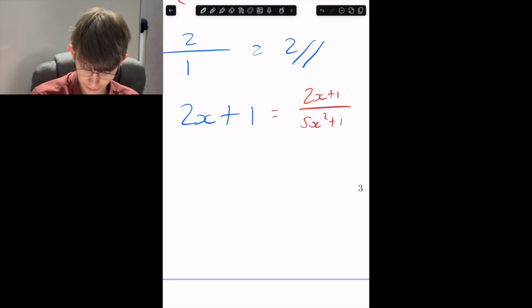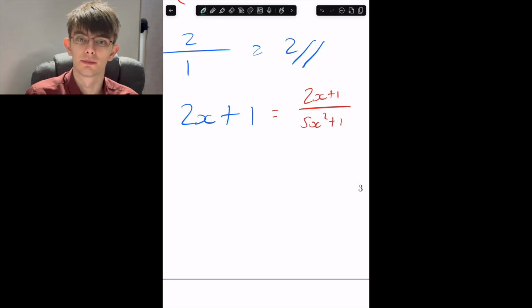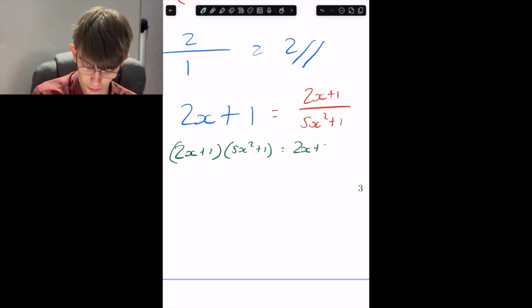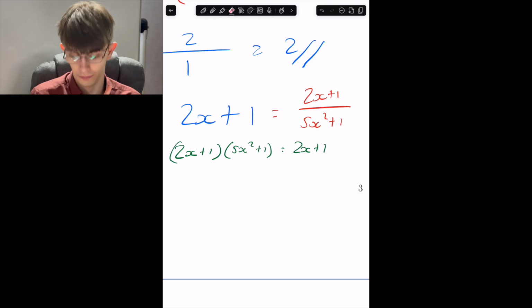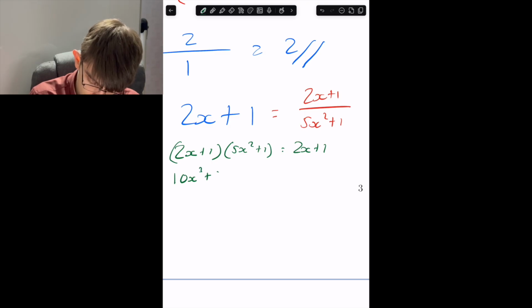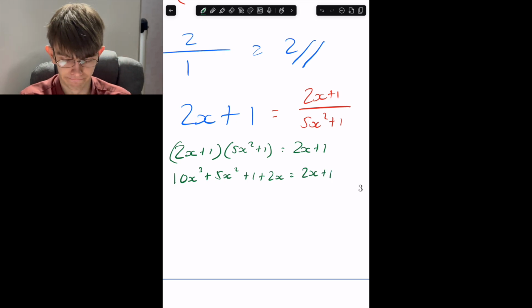Let's see what happens if I just multiply both sides by 5x squared plus 1. So (2x plus 1) times (5x squared plus 1) equals 2x plus 1. Ooh, just cancel. No, don't cancel, because let's see what happens if we don't. Well, that's going to become 10x cubed plus 5x squared plus 1 plus 2x equals 2x plus 1.